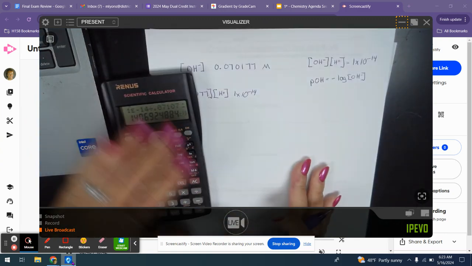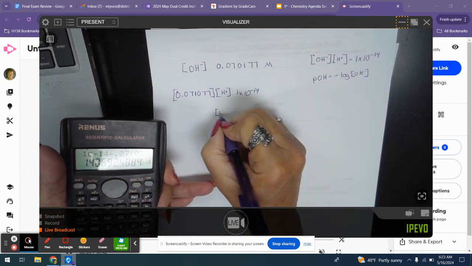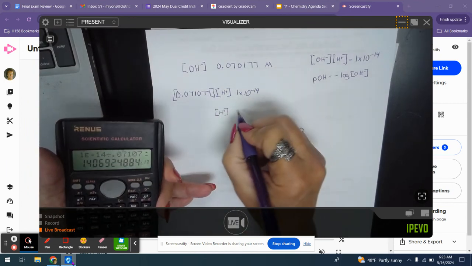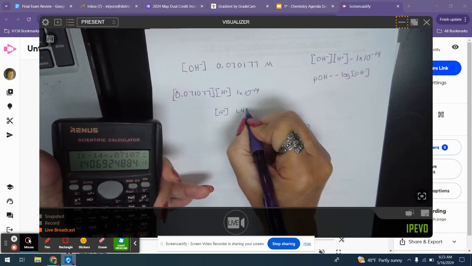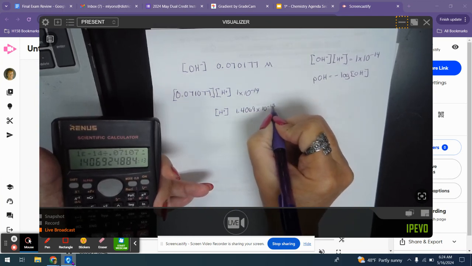So that tells me that my hydrogen ion concentration is 1.4069 times 10 to the negative 13th.